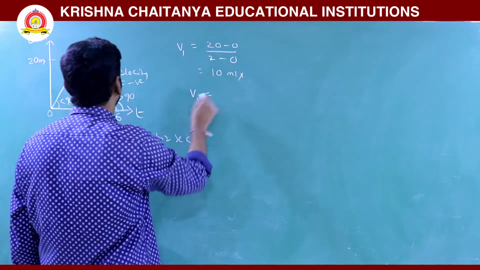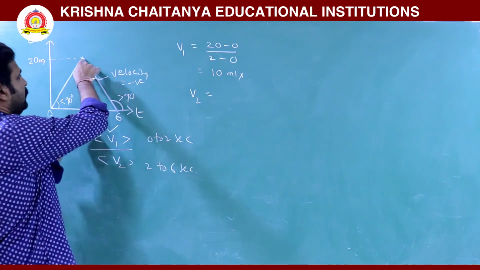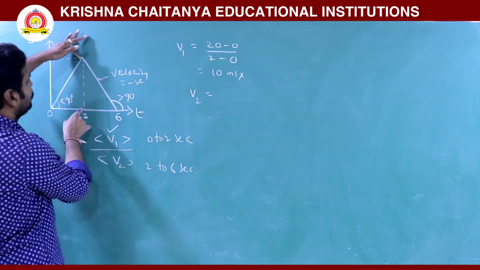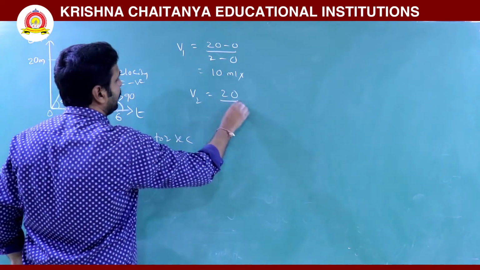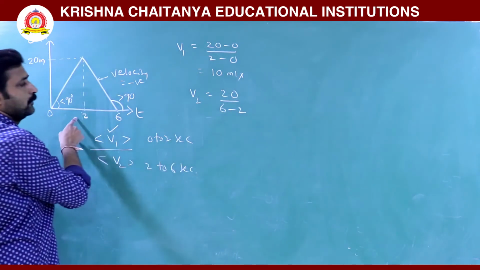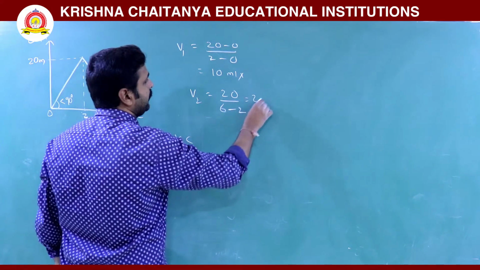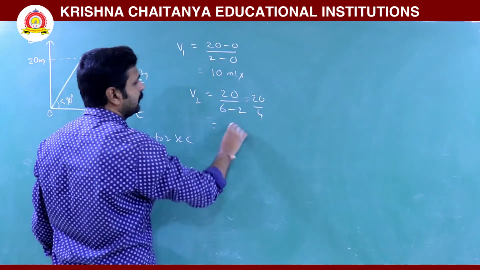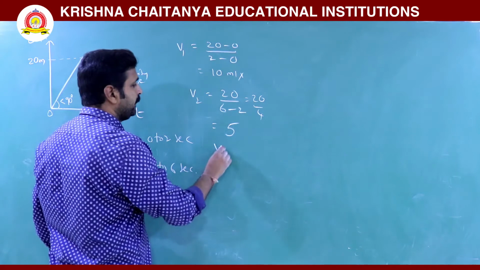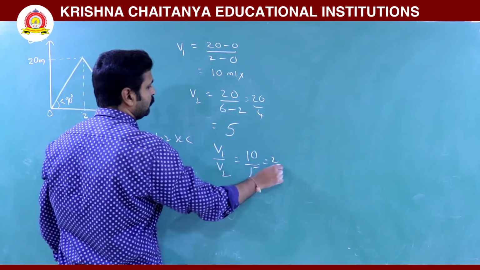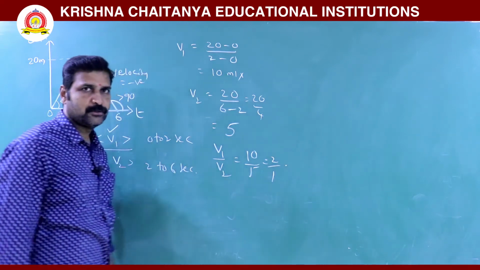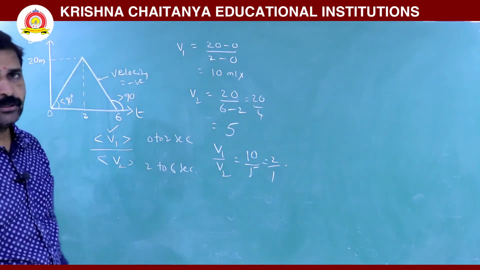Similarly V2: the height is 20, 0 to 20, so 20 by 6 minus 2, which is 4. So 20 by 4 is 5. Then the ratio of magnitudes, 10 by 5, is 2 to 1. So this is the ratio.